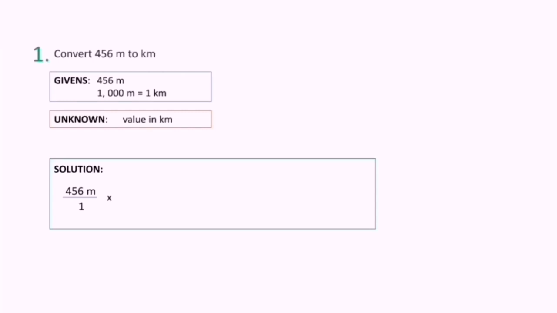So if you have 456 meters over 1 in one fraction, and you're going to multiply that fraction with another fraction, and you want meters to be cancelled out because it's the given one, it's not something that you need. Ang need mo is kilometer. What are we going to do? Of course, put kilometer in the second fraction as the numerator.